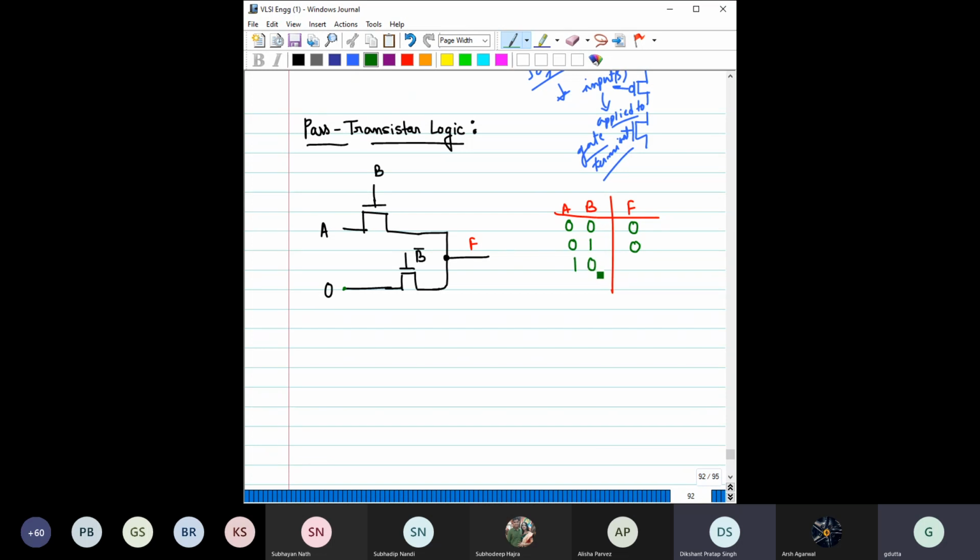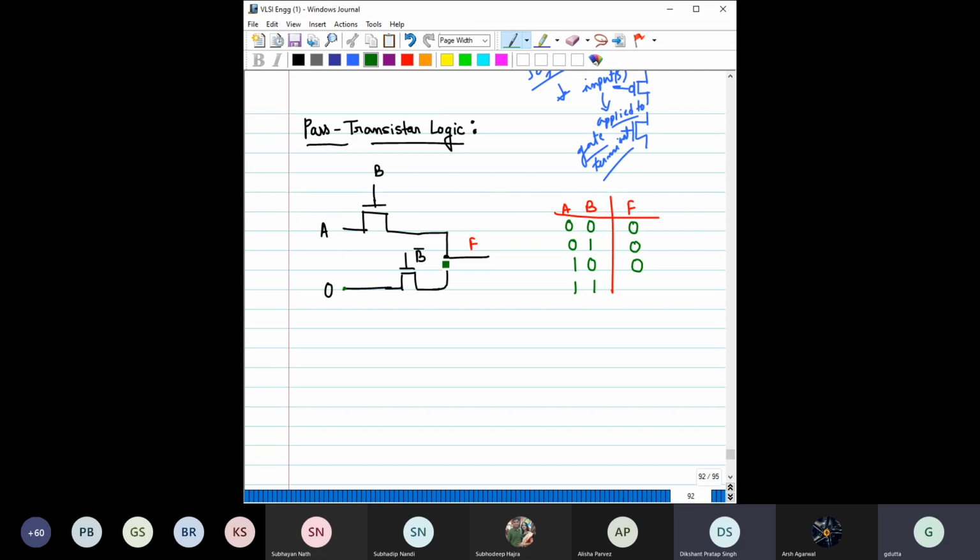Now let's say A is 1, B is 0. Again B equal to 0 means only this transistor is on, this one is off, so it does not matter what the value of A is. This output is equal to 0.